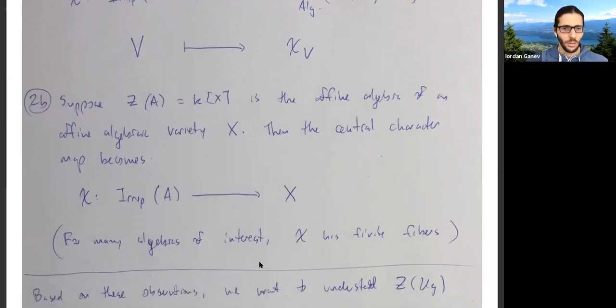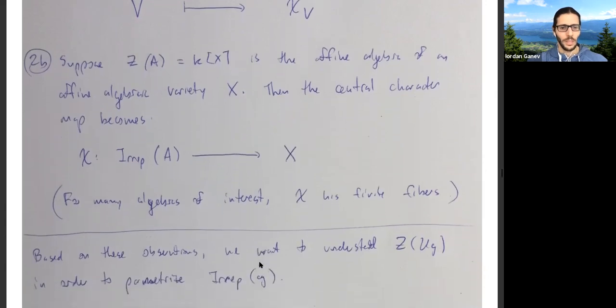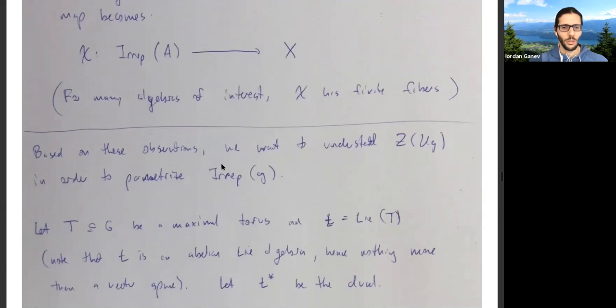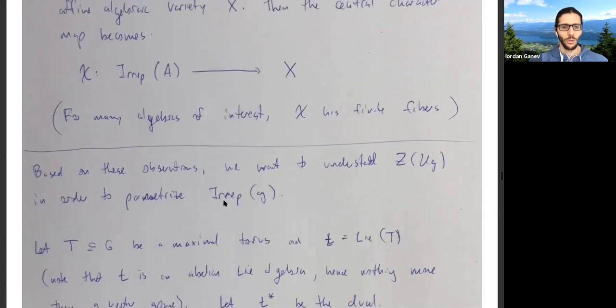Okay, so we have this construction. Based on these observations, let's go back to the original question, which was to parametrize the irreducible representations of the Lie algebra. We see that one way to parametrize these is to understand the center of the universal enveloping algebra.